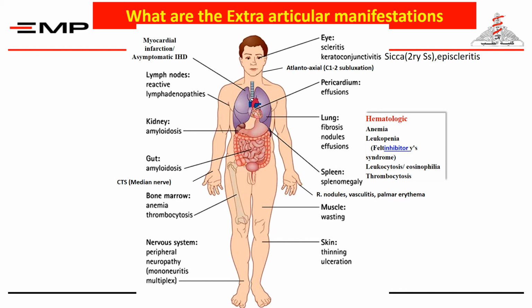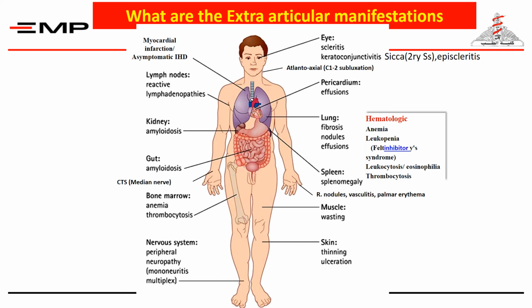Amyloidosis can also affect the gut. The median nerve may be compressed at the wrist, causing carpal tunnel syndrome with tingling and numbness in the distribution of the median nerve. If left untreated, it can cause thenar eminence atrophy.